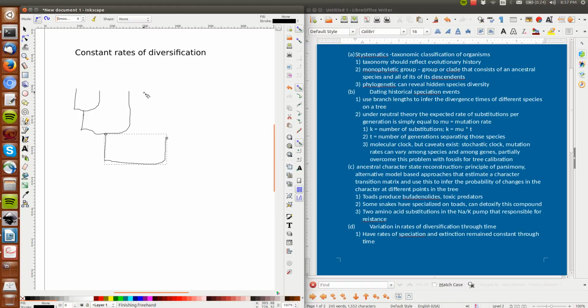And this will make more sense when we contrast it with the other examples. So you're basically getting splits at a constant rate. As you move along the tree, there's a split. You wait a little bit longer, another split, another bit longer, another split.